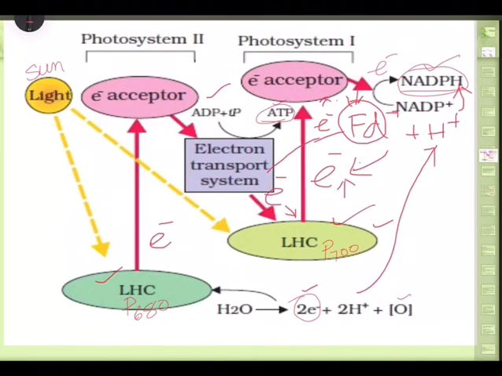So in non-cyclic photophosphorylation there is involvement of PS2, the electron transport system, as well as PS1. So PS2, ETS and PS1. And finally, since it is in the form of a Z shape and the electrons that are released here are not coming back here, hence it is not cyclic, it is non-cyclic.